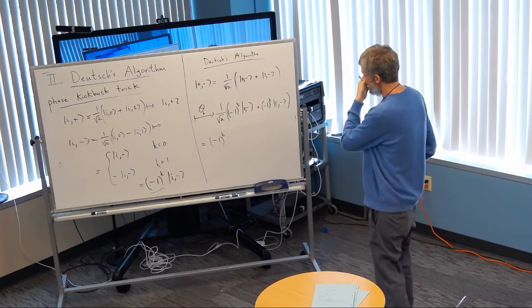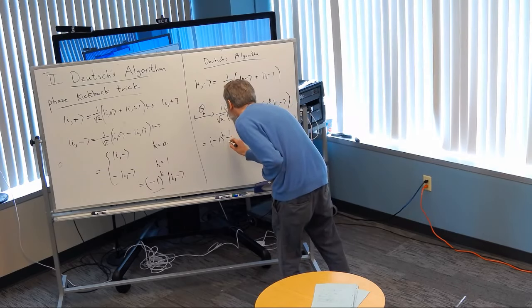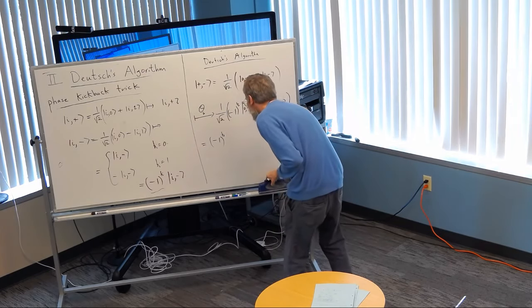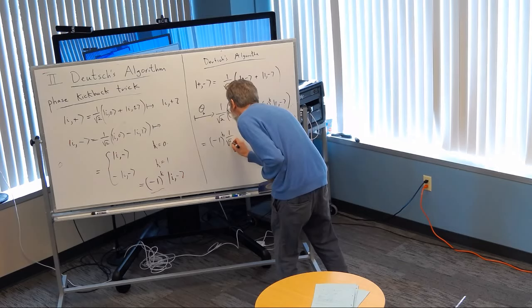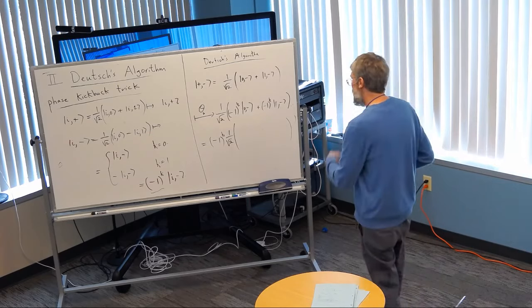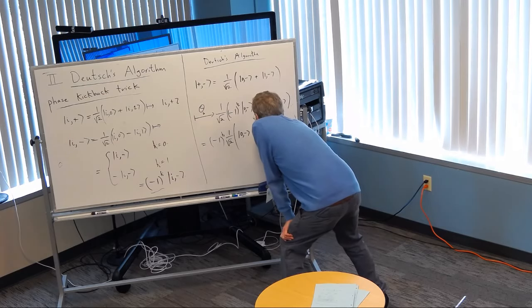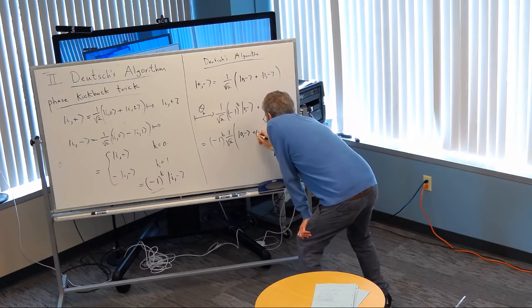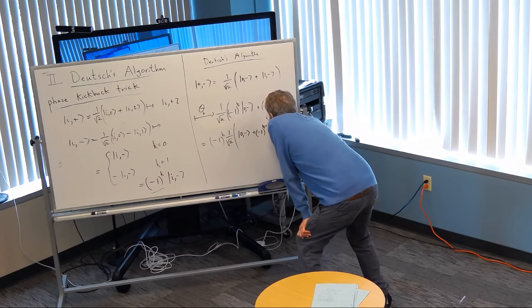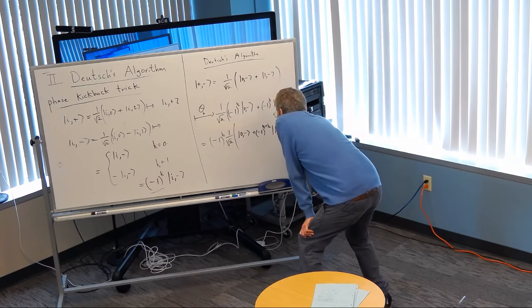If you factor out (-1)^b0, you get 1 over root 2, 0 minus plus (-1)^(b1+b0) 1 minus.